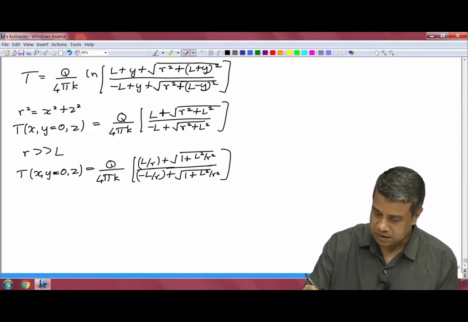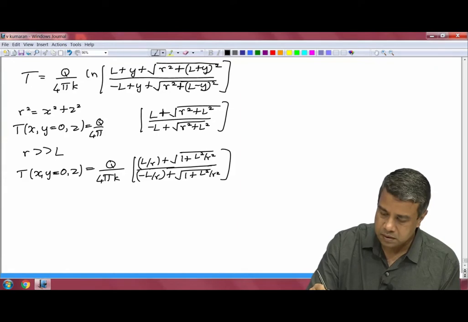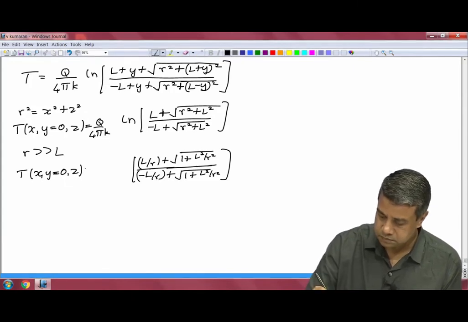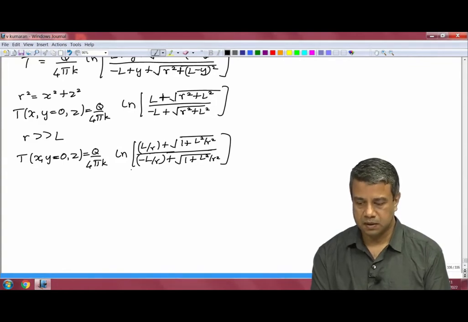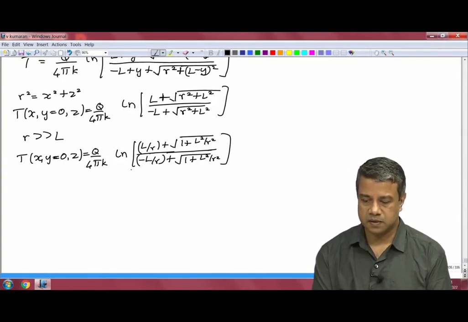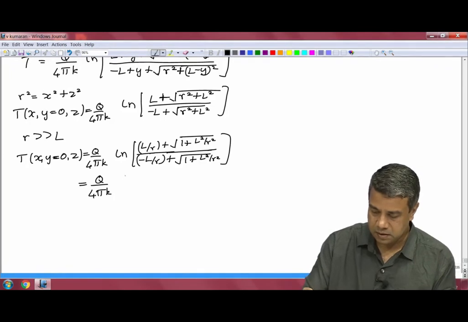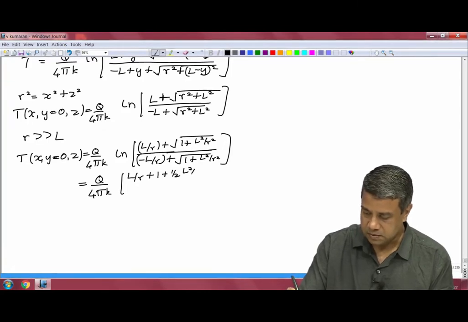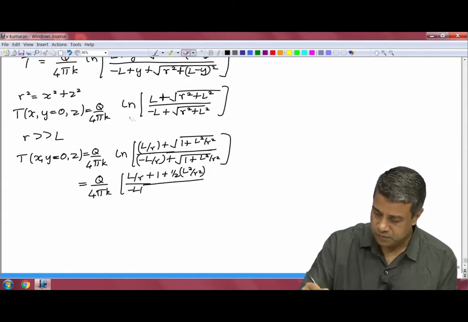A natural logarithm that I have left out, my apologies. Since L is much smaller than R, I can use a binomial expansion: q by 4 pi k, into the natural logarithm of L by R plus 1 plus half L square by R square.